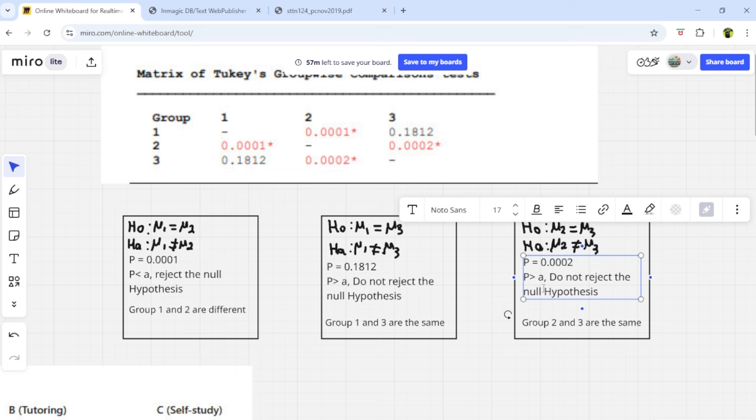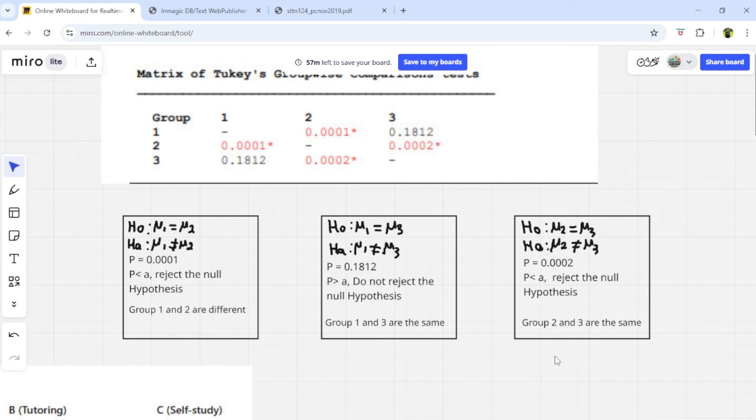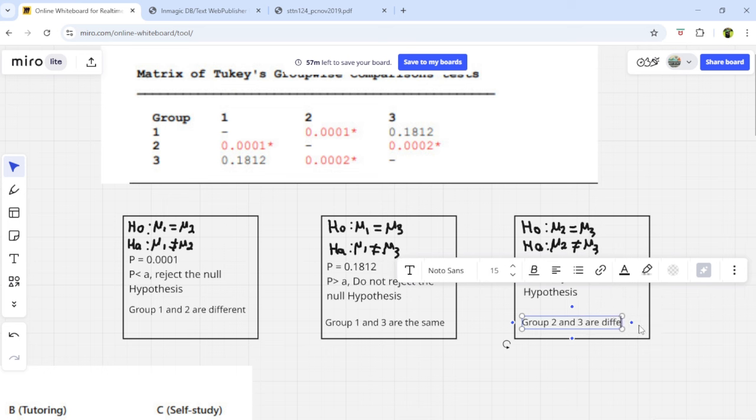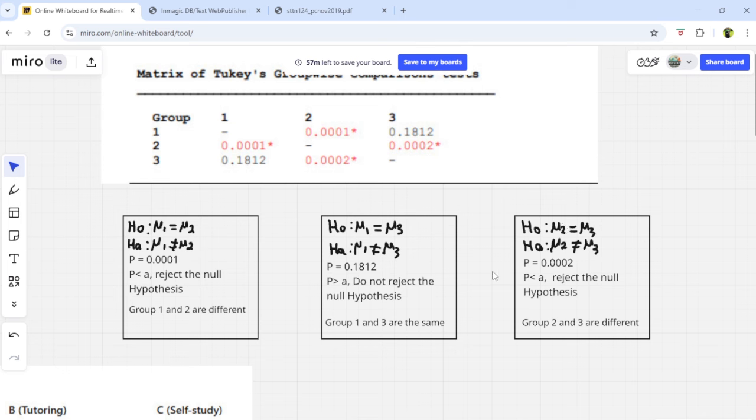Therefore, the p-value is less than alpha. And then if the p-value is less than alpha, you reject the null hypothesis and you'll say group 2 and group 3 are different.